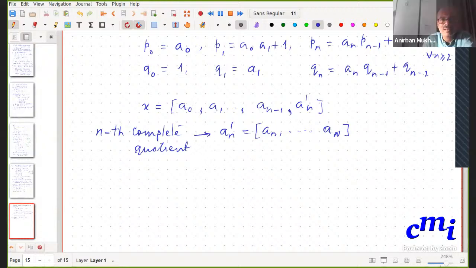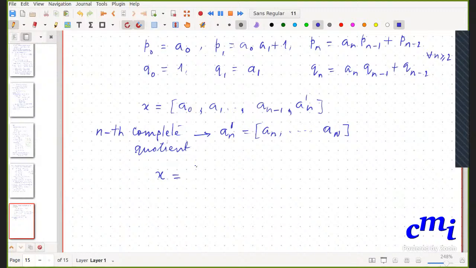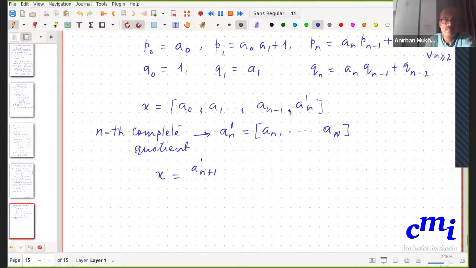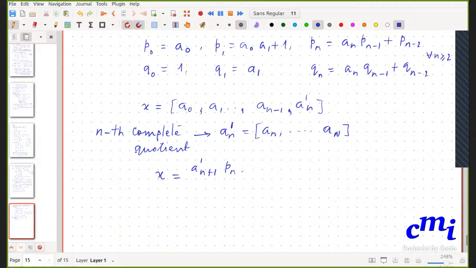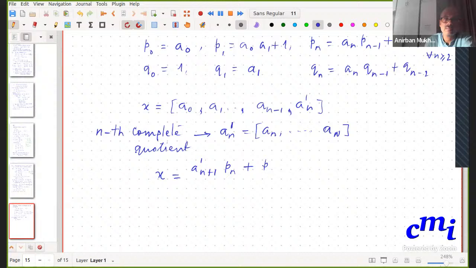So this is nth complete quotient. And if we use that notation, then we can write x as An plus 1 dash Pn plus Pn minus 1, over An plus 1 dash Qn plus Qn minus 1.